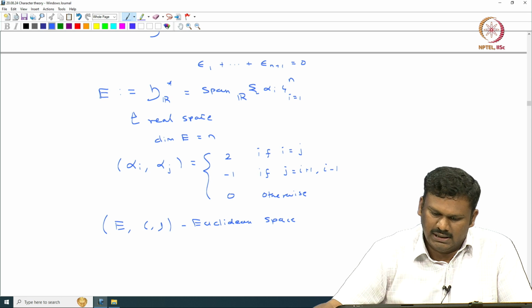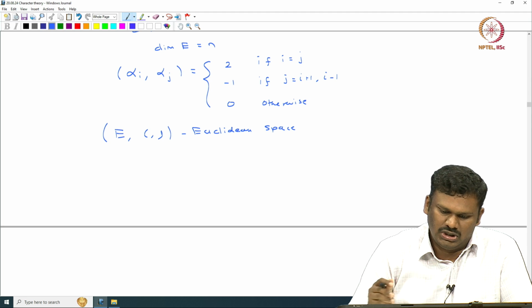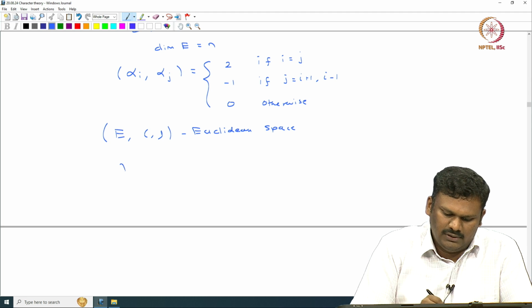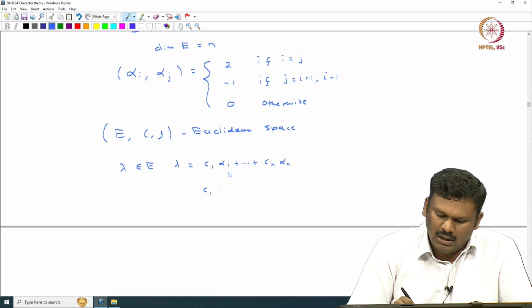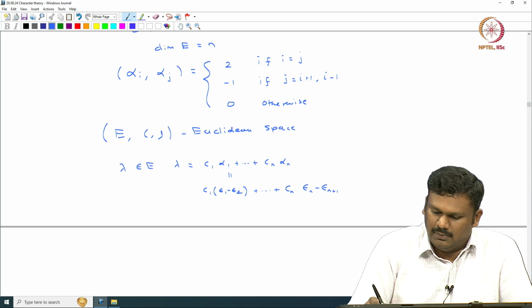One can check this quickly. If I take lambda inside E, lambda can be written in the alpha i basis as c1 alpha 1 plus etcetera plus cn alpha n. Now, if you rewrite this in terms of the epsilon i basis, this becomes c1 (epsilon 1 minus epsilon 2) plus etcetera plus cn (epsilon n minus epsilon n plus 1).